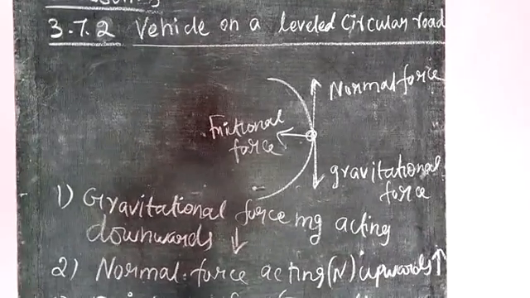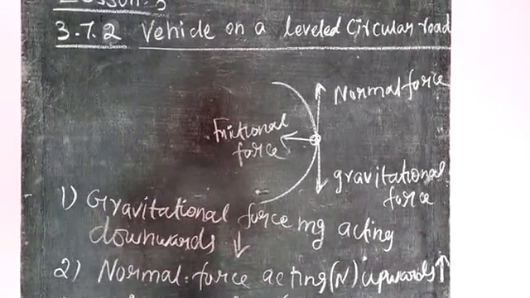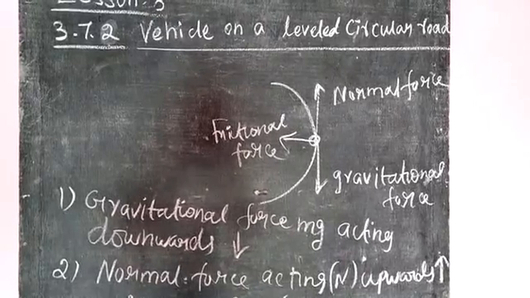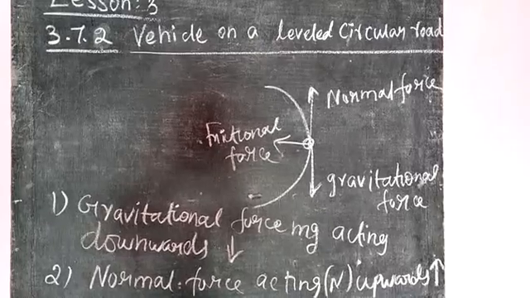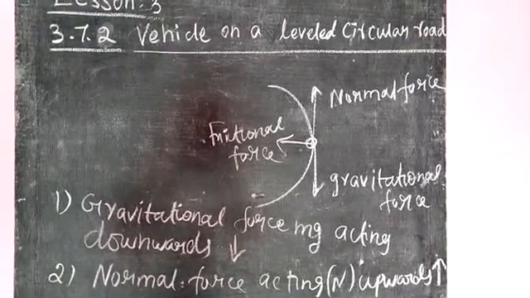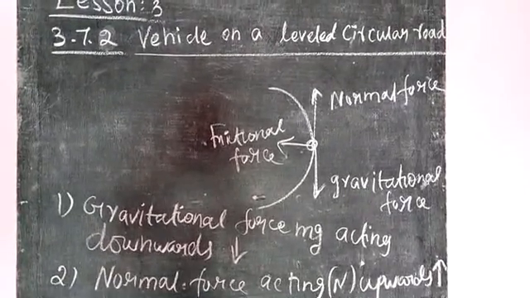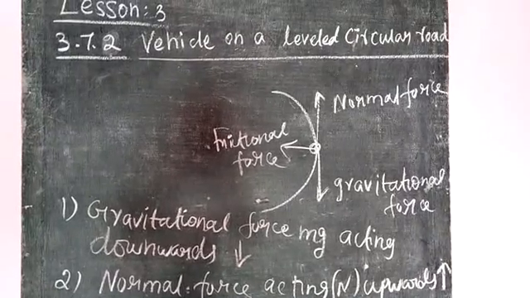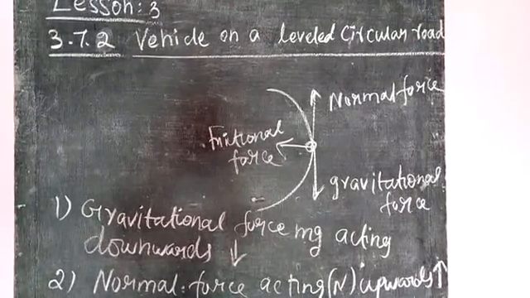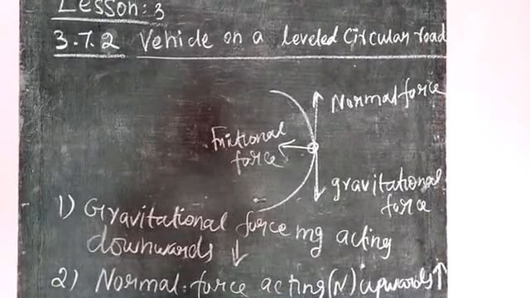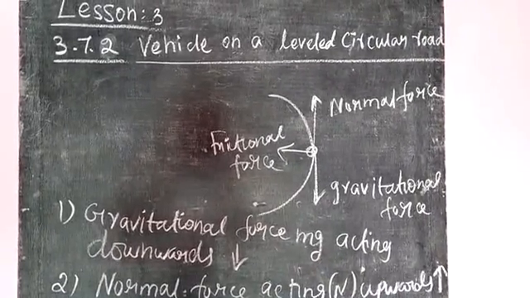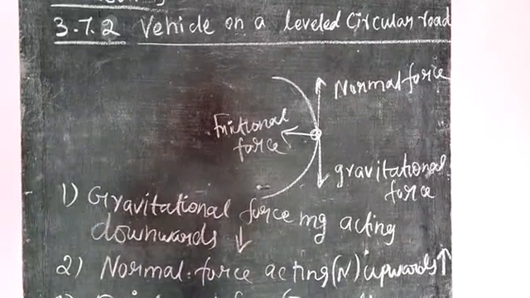The gravitational force mg acts downwards. Gravity pulls the body, known as weight W equal to mg. So the gravitational force acts on the vehicle downward, towards the earth.